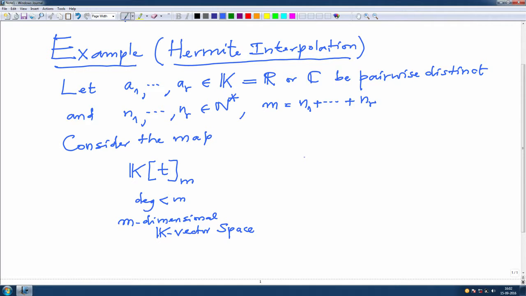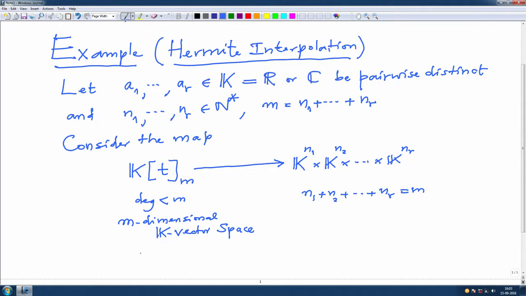On the other hand, because m is n1 plus n2 plus nr, we also have K power n1, a vector space of dimension n1, and taking the product with K power n2, and so on up to K power nr, of dimensions n2 up to nr, altogether this is a vector space of dimension n1 plus n2 plus nr, which we are calling m. So, both these are vector spaces of the same dimension, and there is a natural map here.